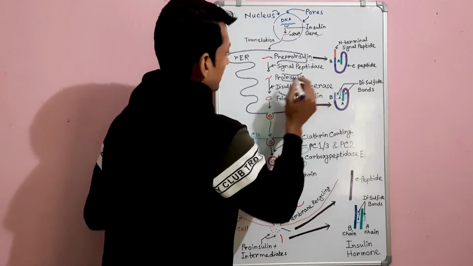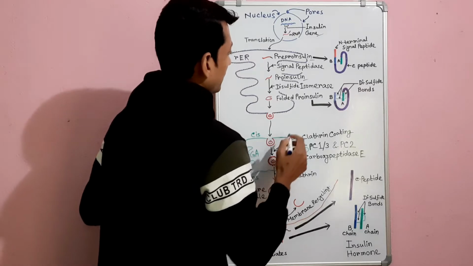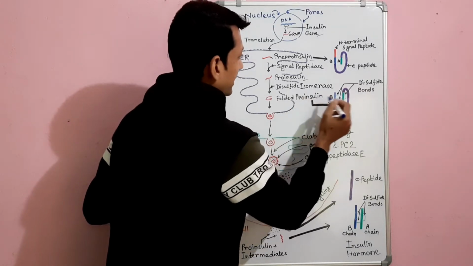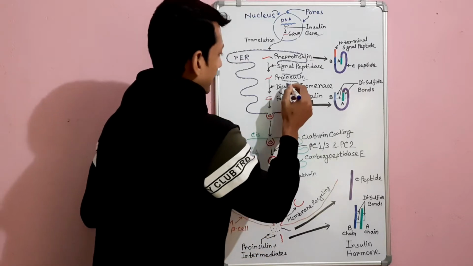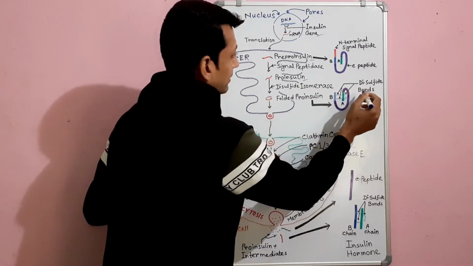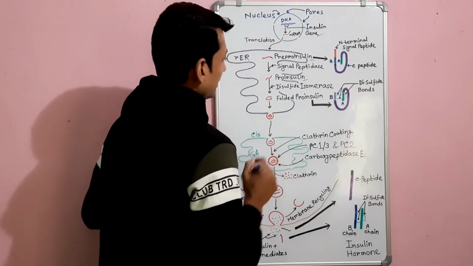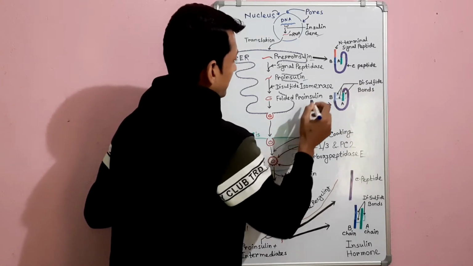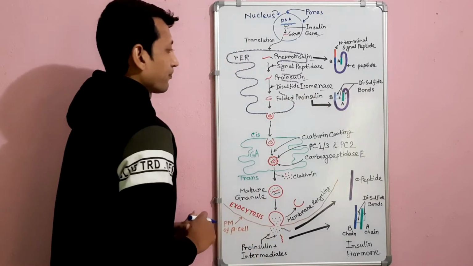Now, this proinsulin gets folded and a few disulfide bonds are created. The folding and this disulfide bond creation is achieved by disulfide isomerase enzyme.